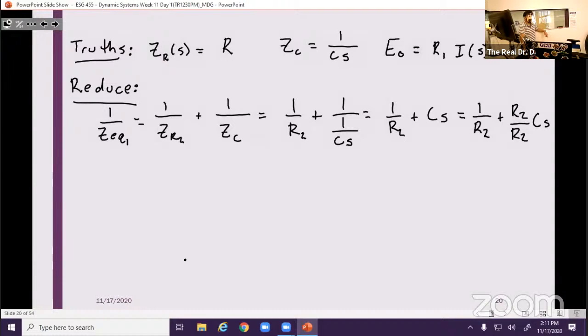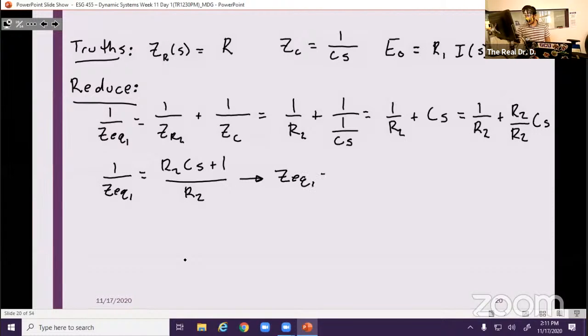But I can now combine these two things here, and so I'll get 1 over ZEQ1 is equal to R2 CS plus 1 over R2, or when I find ZEQ1, R2 over R2 CS plus 1.